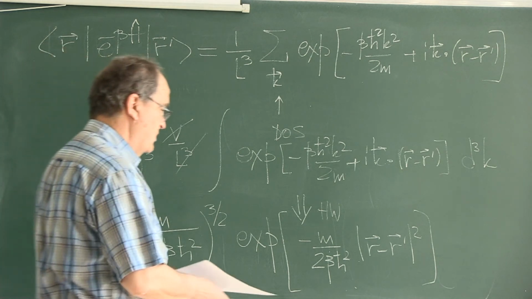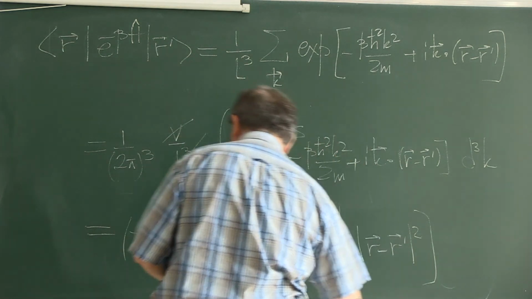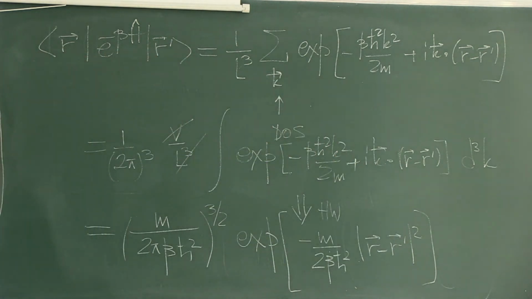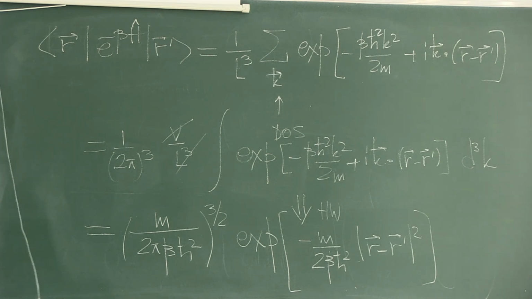Let's take the trace to get averages. For the partition function, the single particle partition function, we have to take the trace of e to the minus beta h.